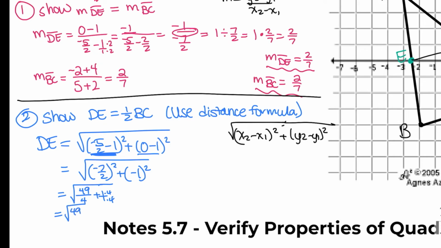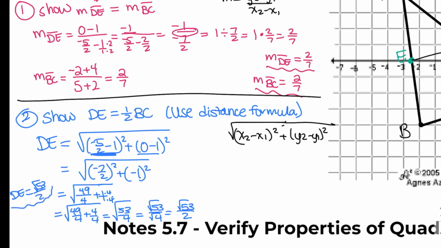So I get the square root of 49 over 4 plus 4 over 4, which gives me the square root of 53 over 4, which is really the square root of 53 over the square root of 4, which is the square root of 53 over 2. So here, I'm just going to squeeze this in here. I know that DE is the square root of 53 over 2.